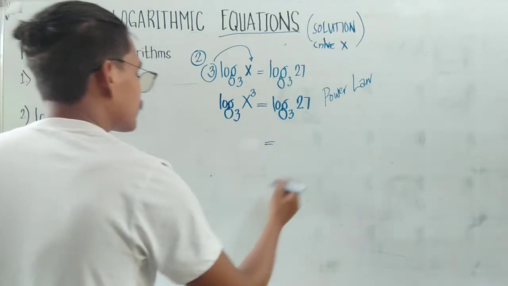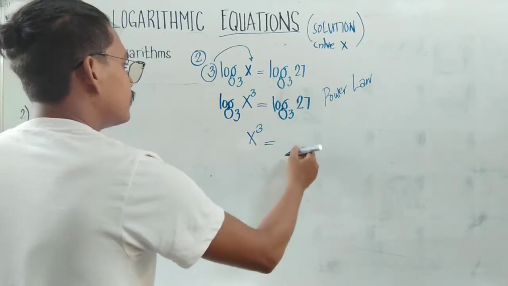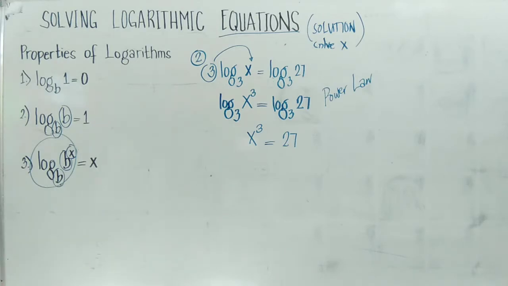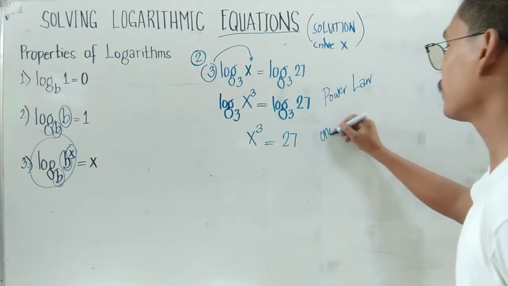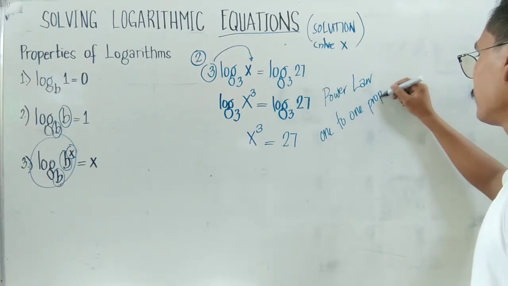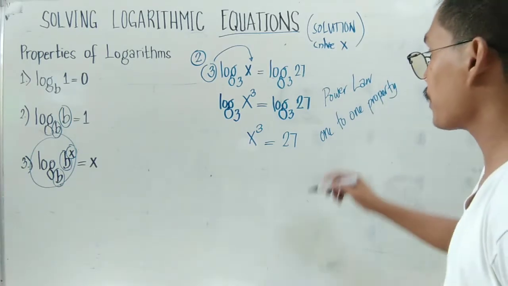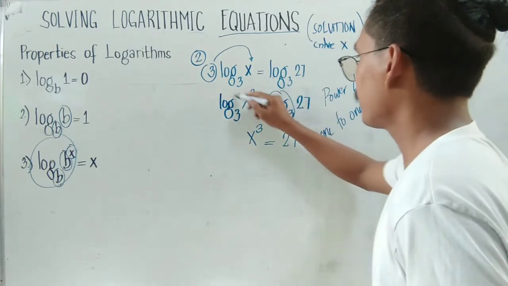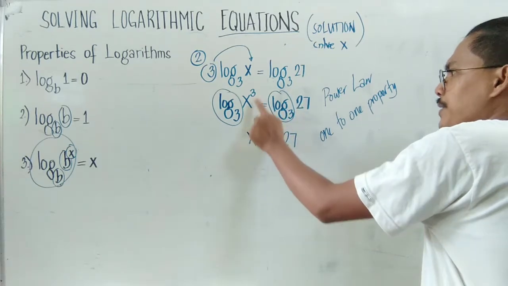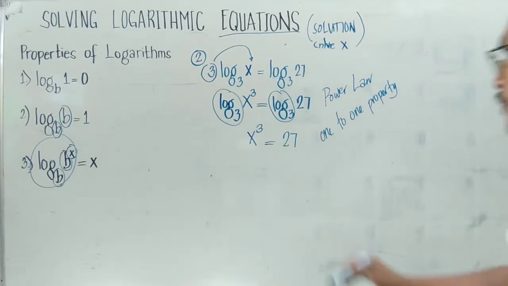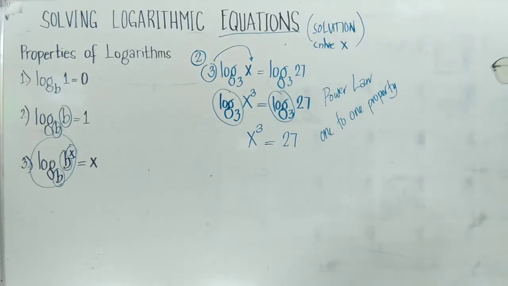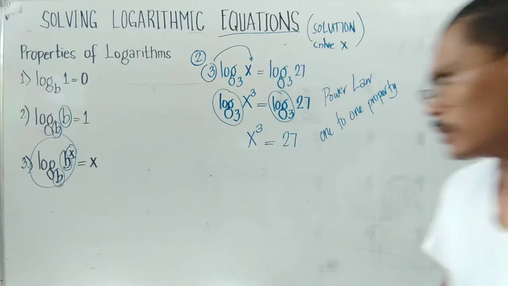Next, we have x cubed equals 27. So this is a one-to-one property. We disregarded these things. Because the bases are equal, we will have to solve for x cubed and 27. That is one-to-one property. Just like your exponential function, we are disregarding the bases if the bases are equal.